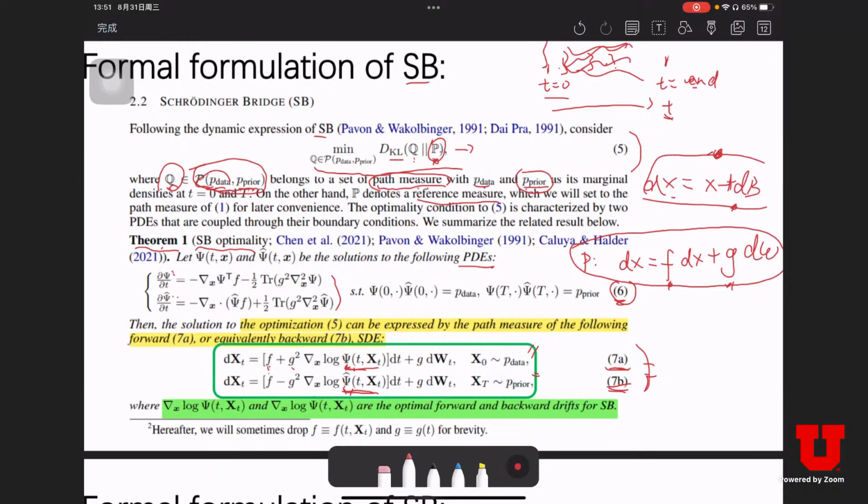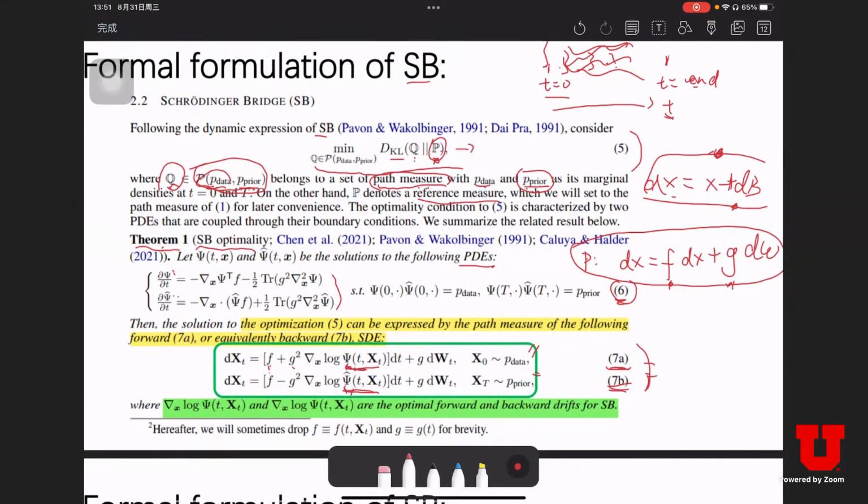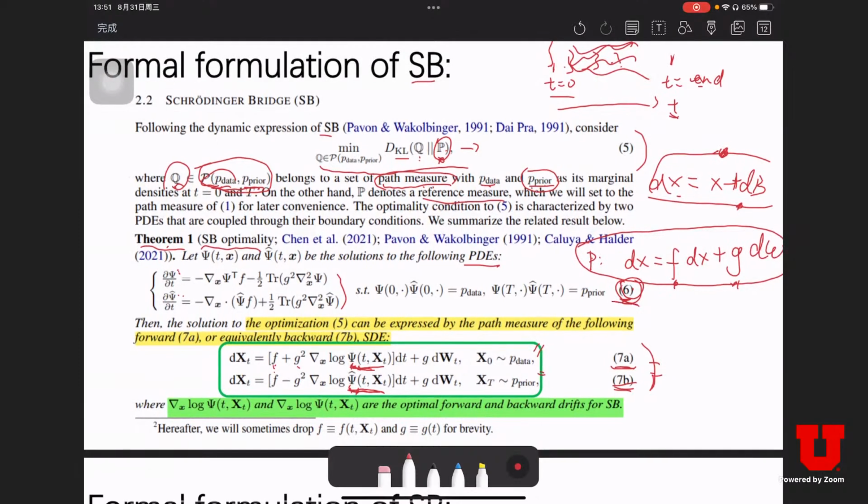Cool. Maybe we can step forward. The next step is how exactly we get this phi and phi hat. Sorry, it's called psi. Yeah. How exactly do we get psi and psi hat here? Because if we get them, we can get the solution of the Schrodinger bridge. The most straightforward way is to try to solve the coupled PDEs, and we can solve for psi and psi hat.